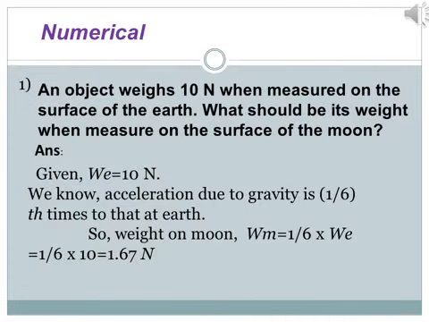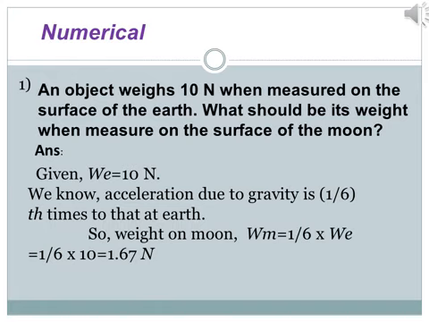Let us see how to solve the given numericals. First question is, an object weighs 10 Newton when measured on the surface of the earth. What should be its weight when measured on the surface of the moon? See the solution. Given that weight of the object measured on the surface of the earth is equal to 10 Newton.